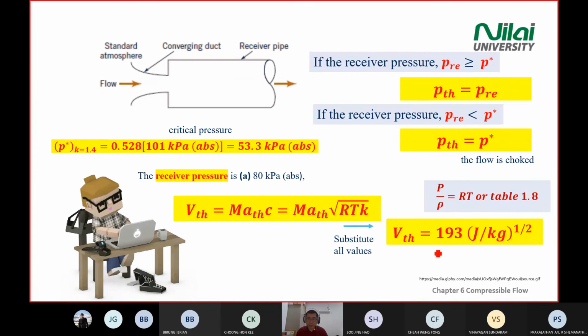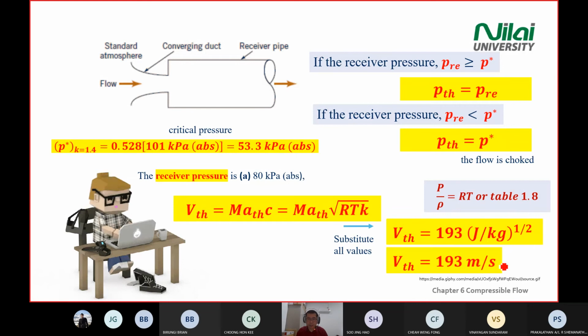So at the end you get your velocity equal to 193 in units of square root of joule per kilogram, and I already showed you how to convert square root of joule over kilogram to meter per second.